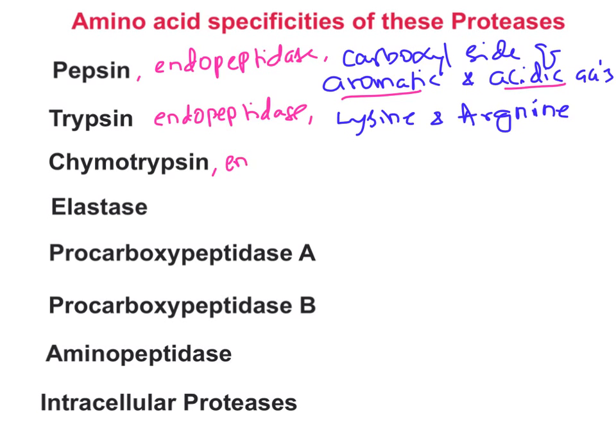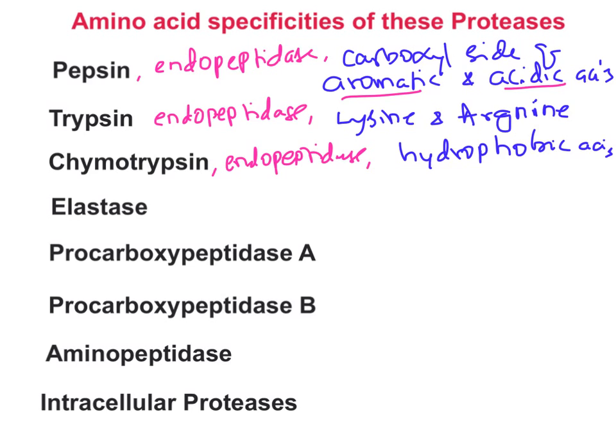Coming to chymotrypsin. So chymotrypsin is an endopeptidase. It means it's going to break peptide bonds within the polypeptide. And the specificity of chymotrypsin is it is acting on the carboxyl side of hydrophobic amino acids. It means you need to remember what the hydrophobic amino acids are. Let me quickly give you those.